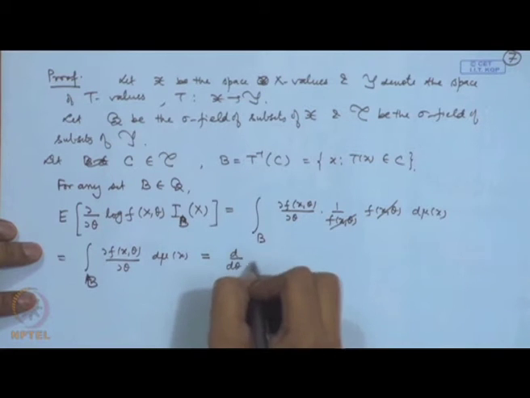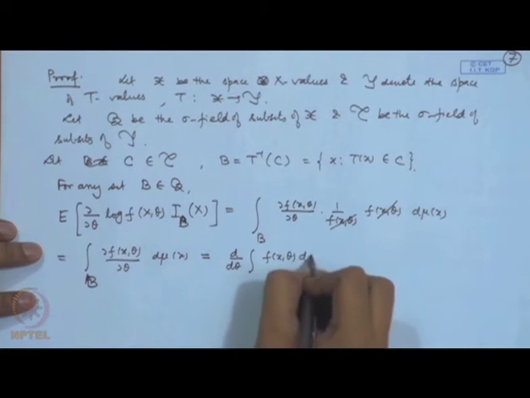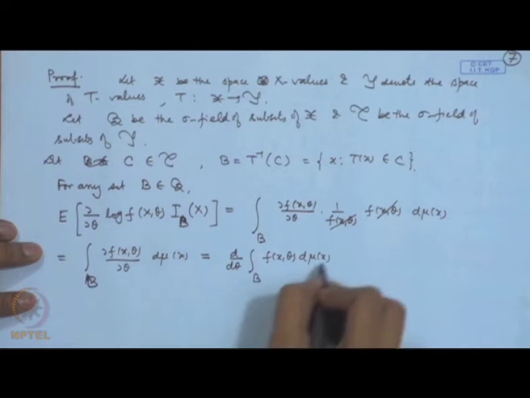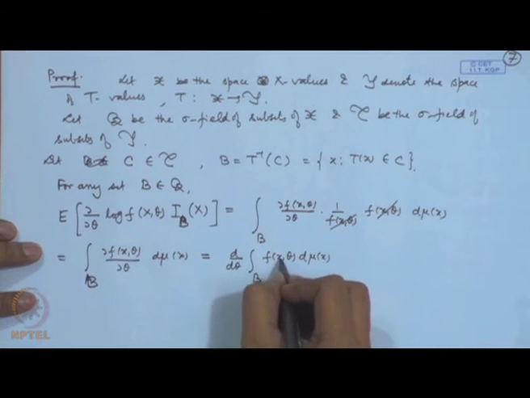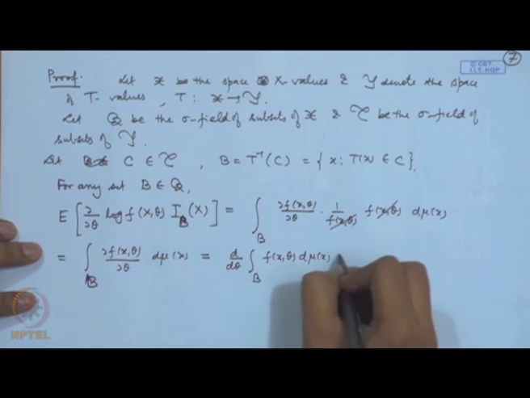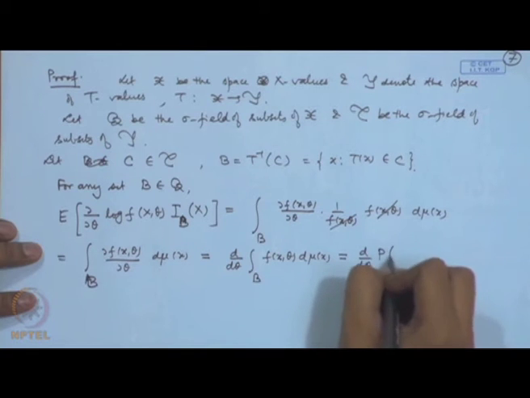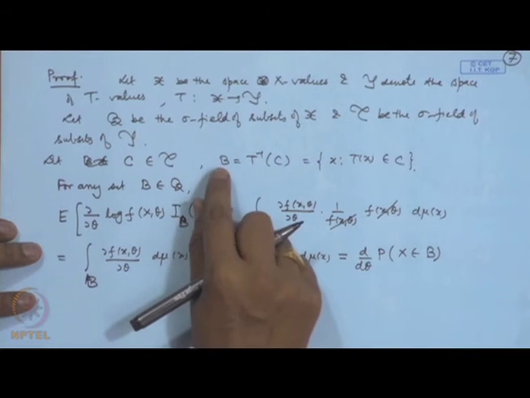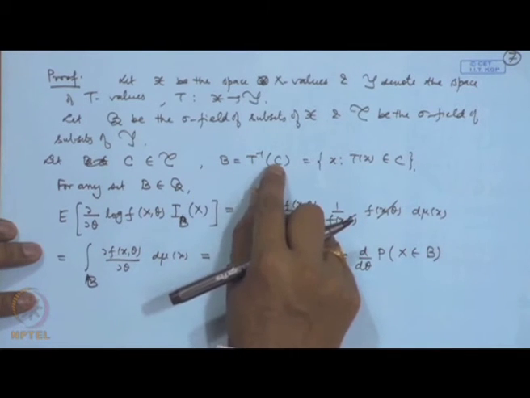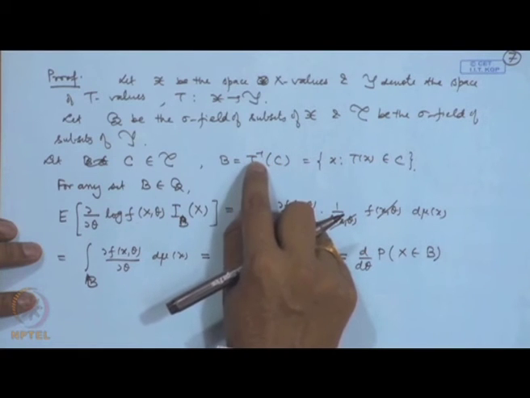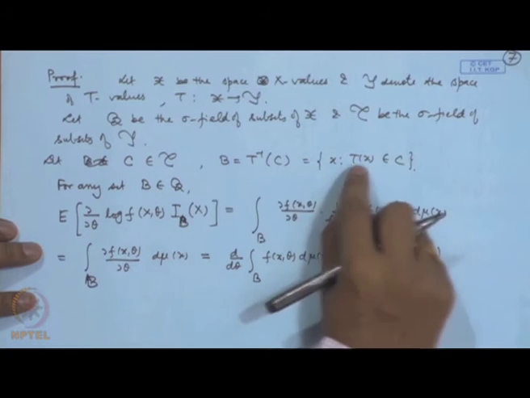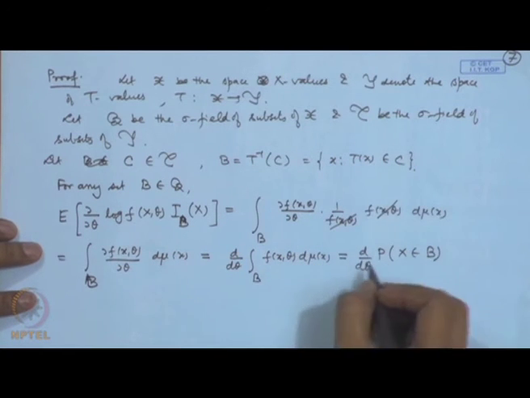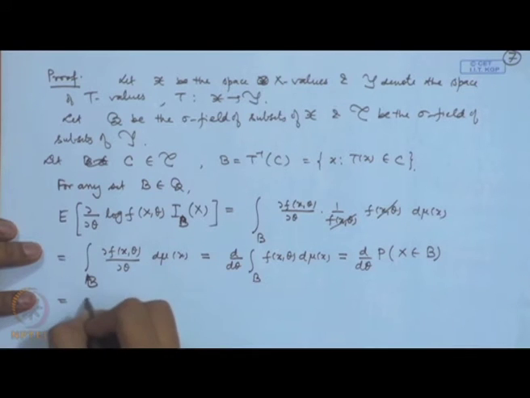So, this is equal to d by d theta of the integral of f(x, theta) over B. Now, this is the integral of the density of the random variable X over the set B. So, this is nothing but the probability of the set B. Now, we have defined the set B to be the inverse image of T, so B is the set where T(x) belongs to C. So, the probability of X belonging to B is the same as the probability of T belonging to C.